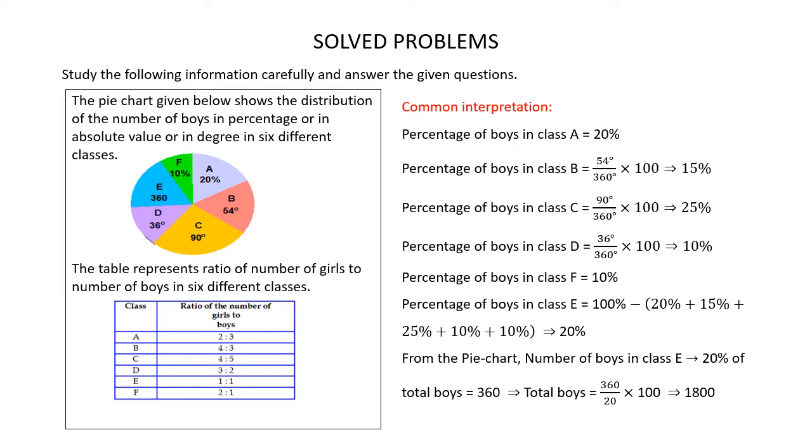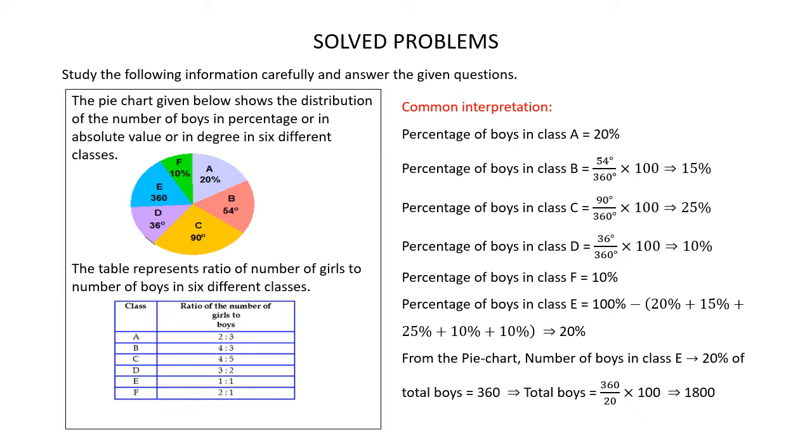Now for C it is given as 90 degrees. We know that 360 degrees is equal to 100%. So 90 degrees is equal to 90 degrees divided by 360 degrees multiplied by 100%, which is nothing but 25%.